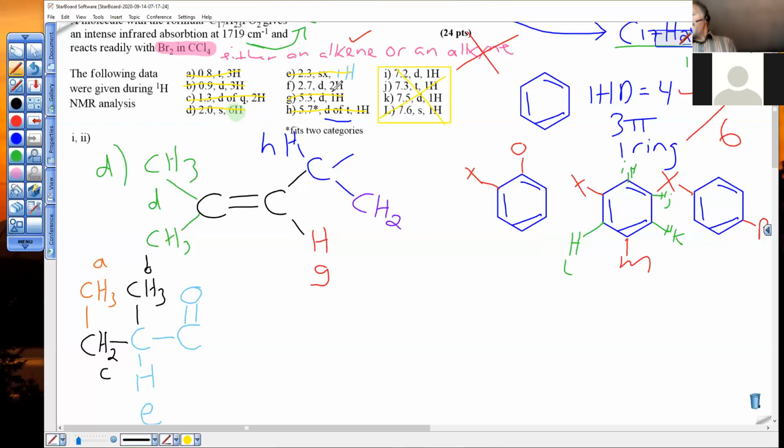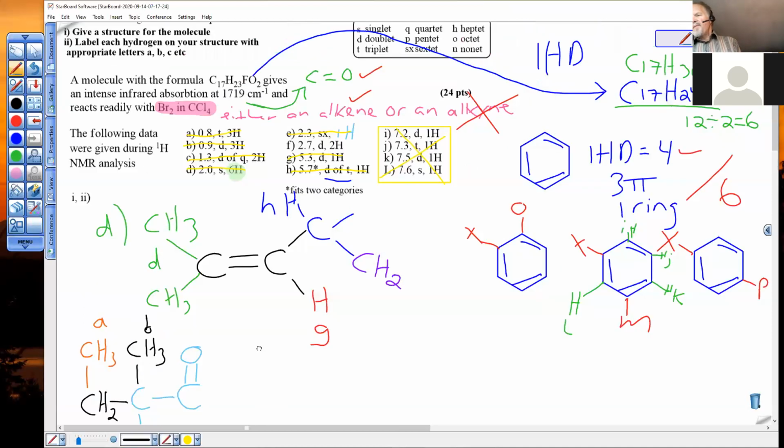2.7 doublet, 2 H's. Interesting. We also have another O to account for. I'm going back to the original formula. And I believe we just have a C, 2 H's, and an O left over.